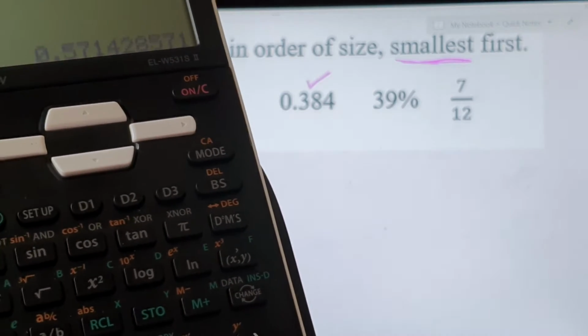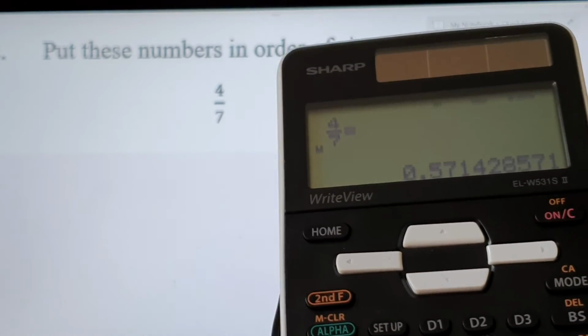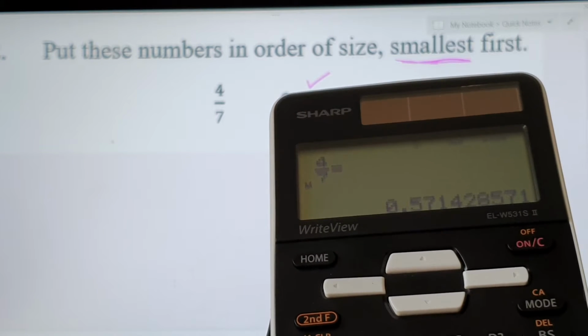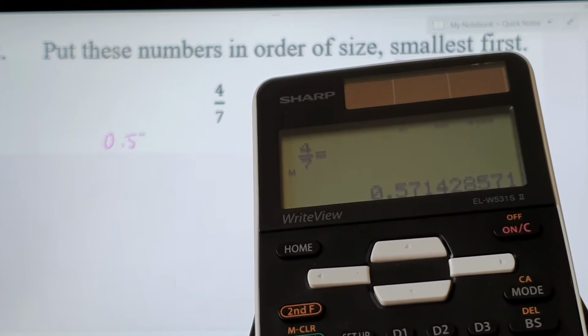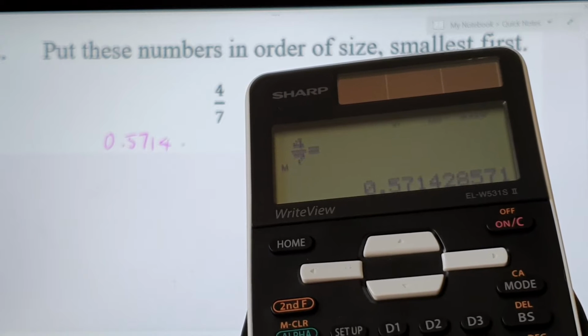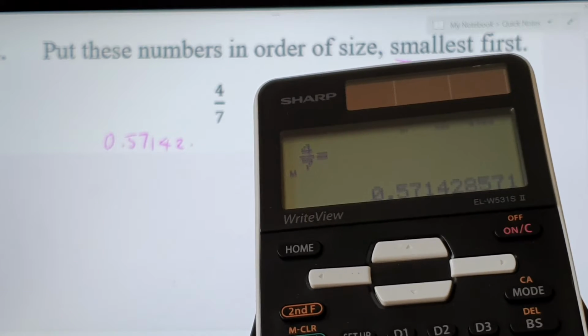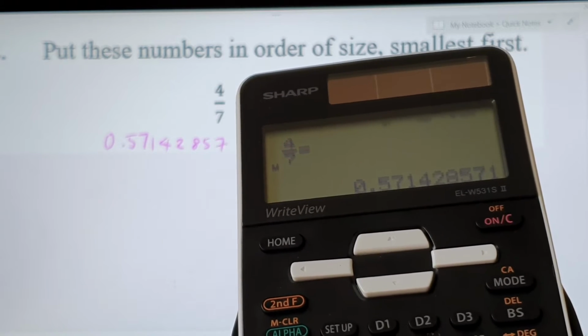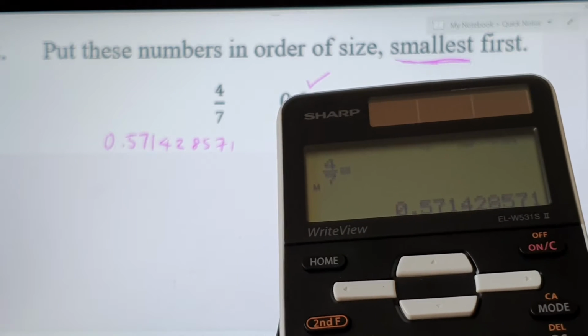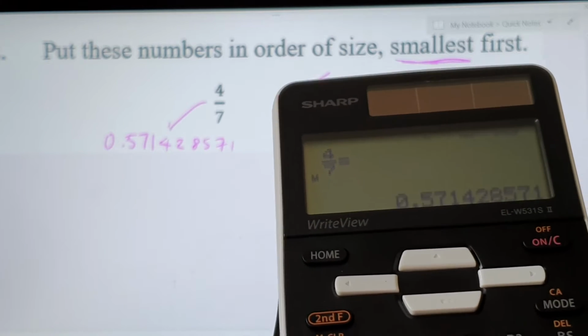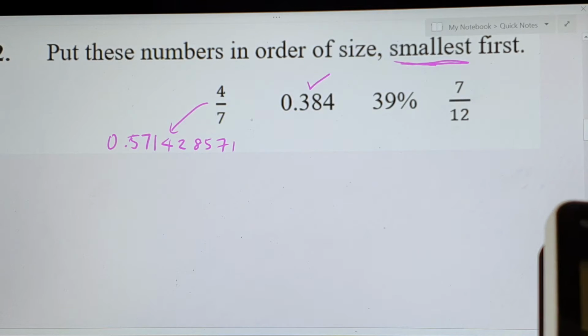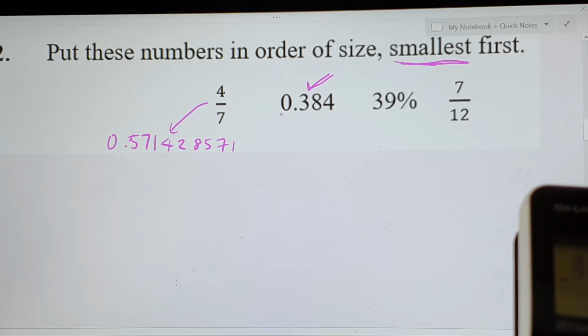So I write down what I see on the calculator: 0.571428571. Never mind, I just write what I see on the calculator. This number is actually this number here. Now this is already in decimal, so we leave it.